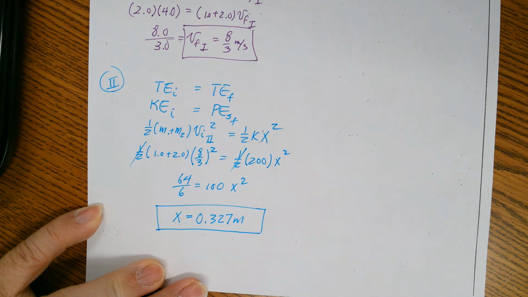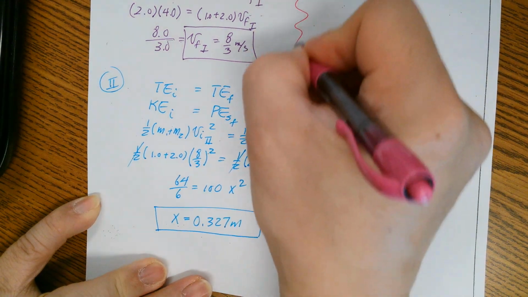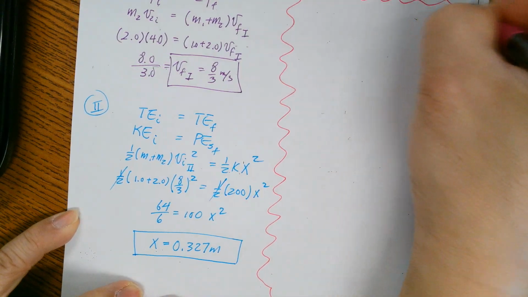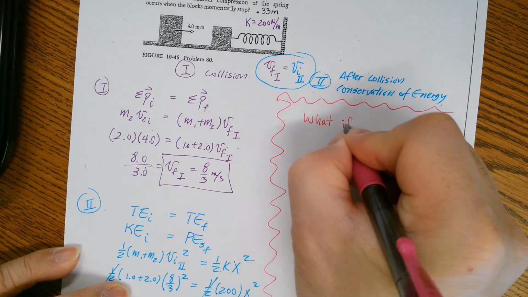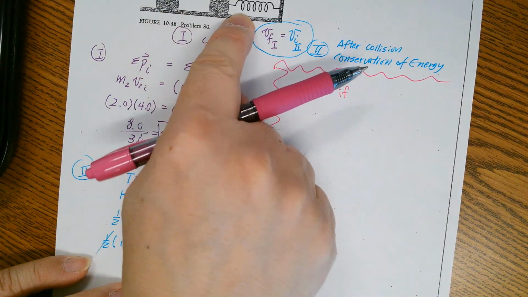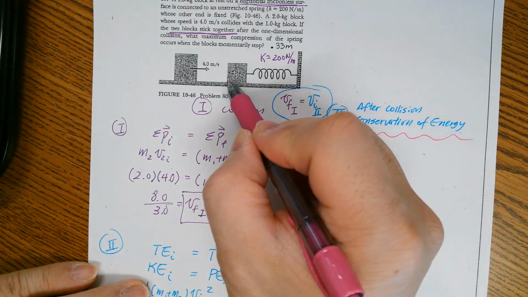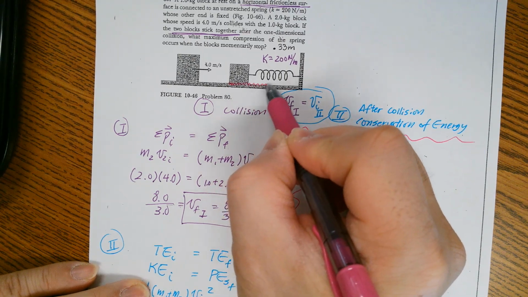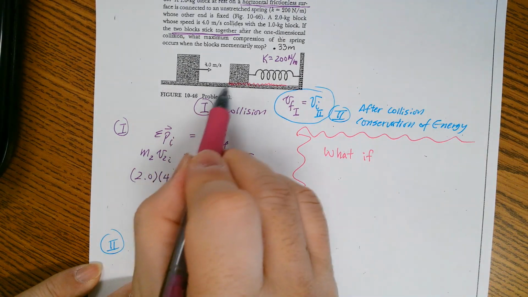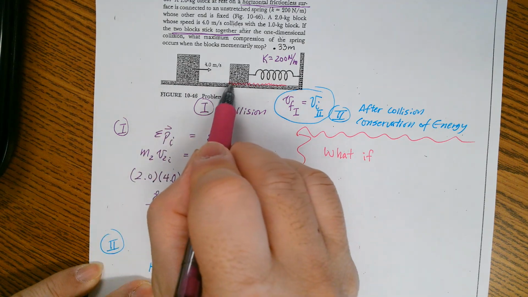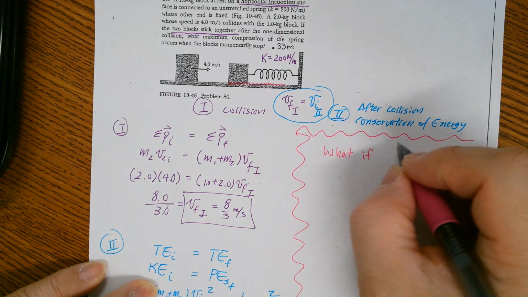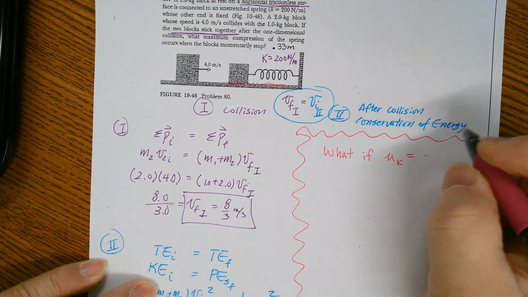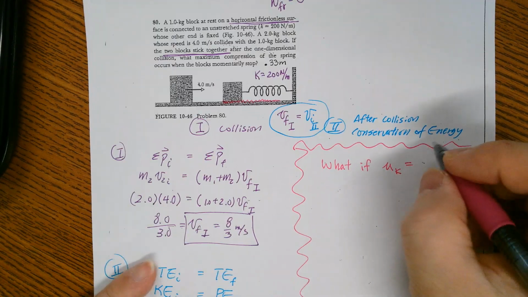All right, this is for fun. What if there were friction starting right underneath this block? Here, no friction, but right here, as soon as they collide together, there's friction. What if mu sub k applies after the collision?